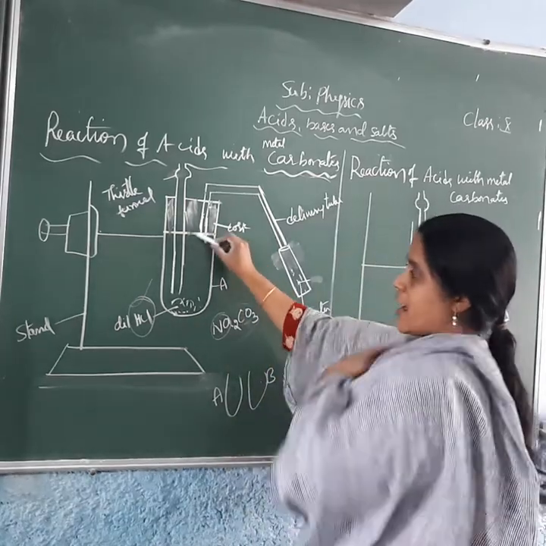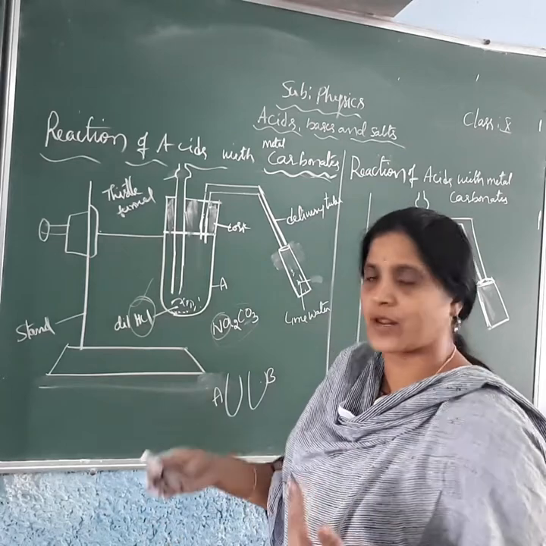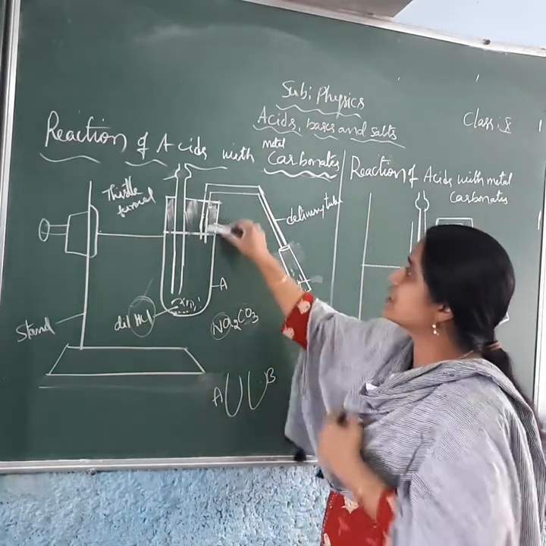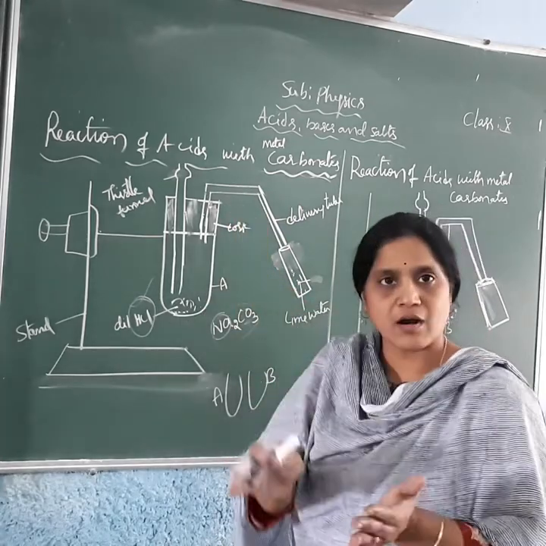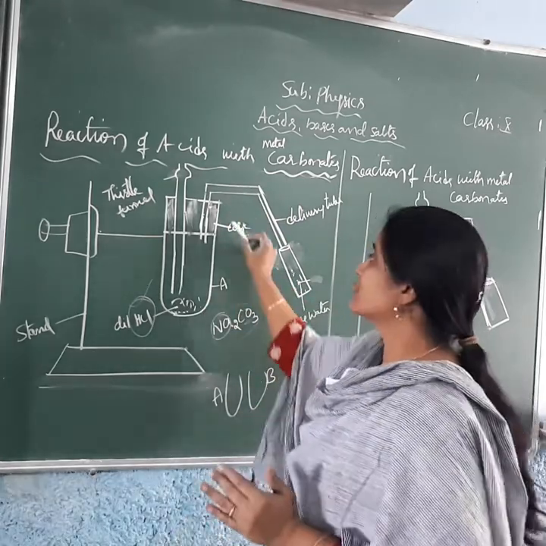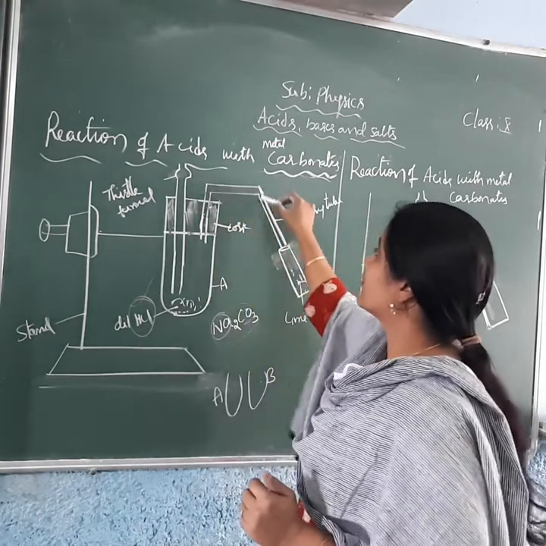After adding this, the reaction takes place. When the reaction is taking place, you have to fix the delivery tube. To this test tube you have to fix a cork, and along with that cork you fix the delivery tube.